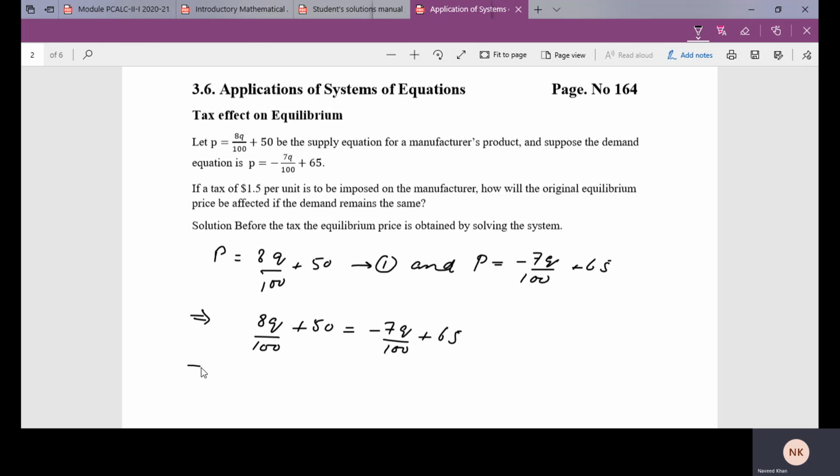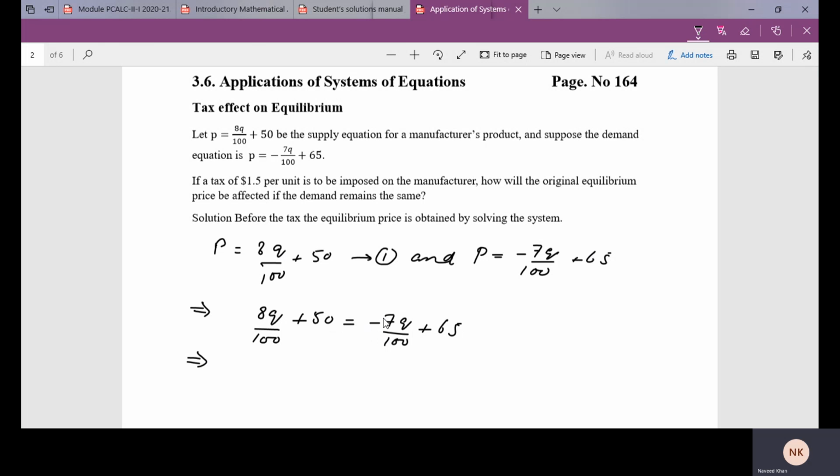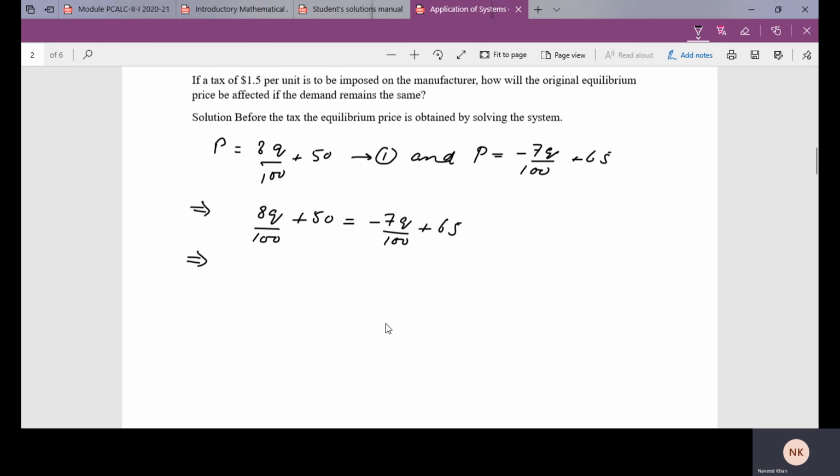Now this implies that the variable will come to the left side. Minus 7q by 100 will move to the left hand side. So here we have 8q by 100 plus 7q by 100 is equal to 65 minus 50.